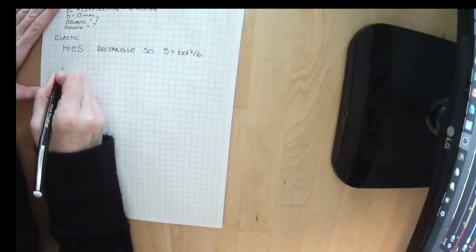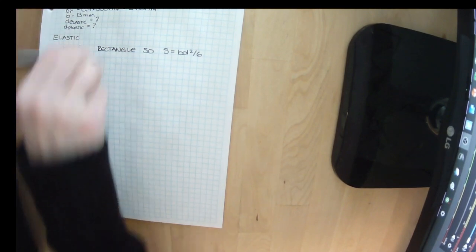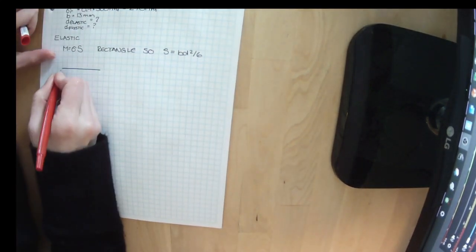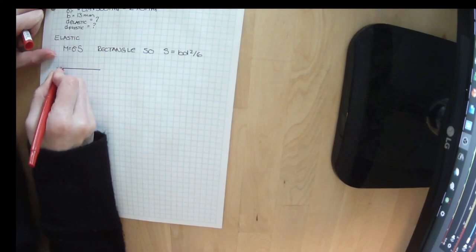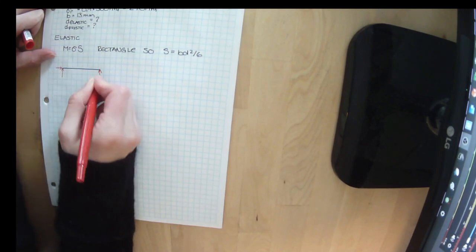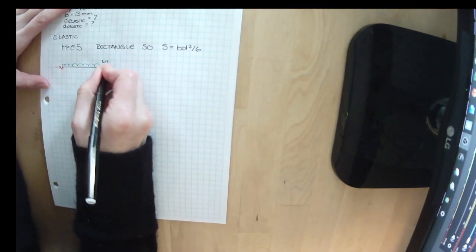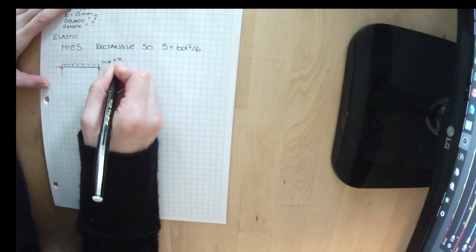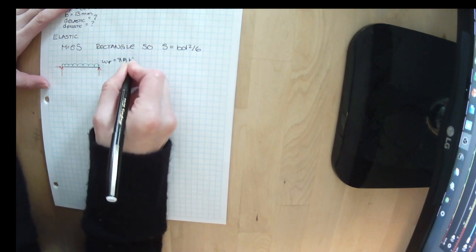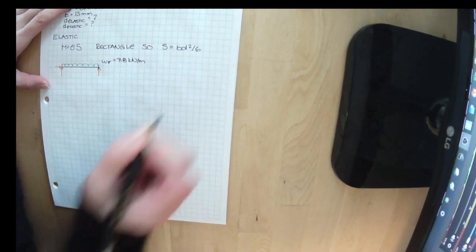Let's take a look. We also have a simply supported beam with a uniformly distributed line load on it that they've told us is WF equals 7.8 kilonewtons per meter.